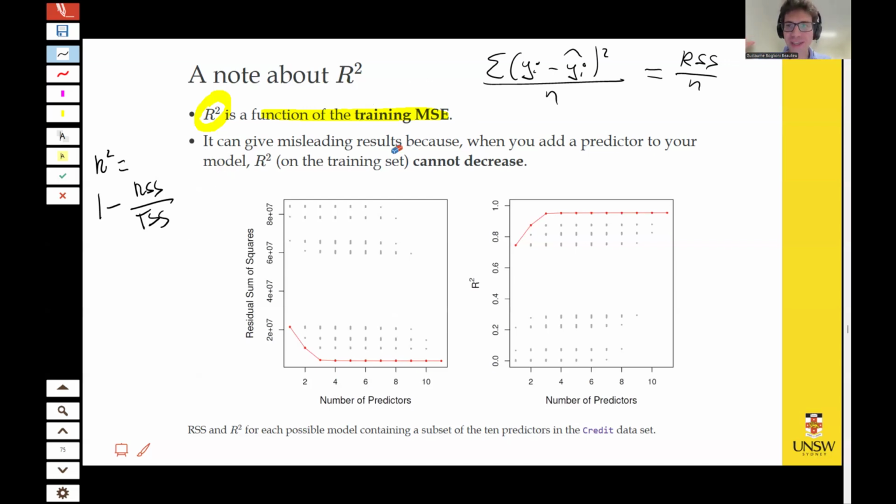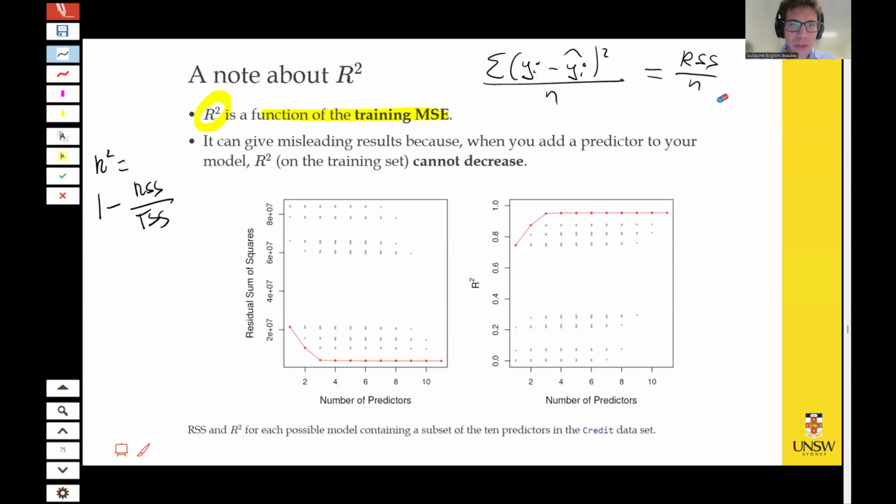I mean, obviously, they have the inverse interpretation in the sense that a high R squared will mean that your model is good or explaining more, and a low training MSE means that, again, your model is good because the error is smaller.